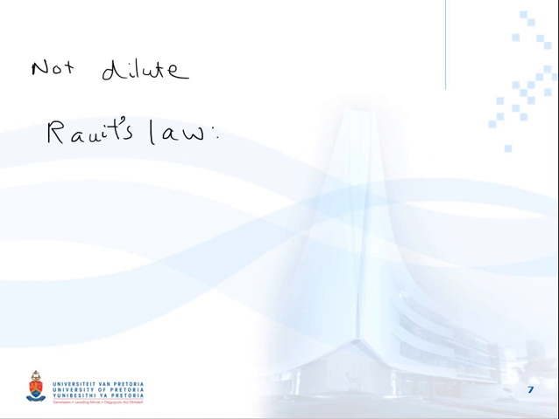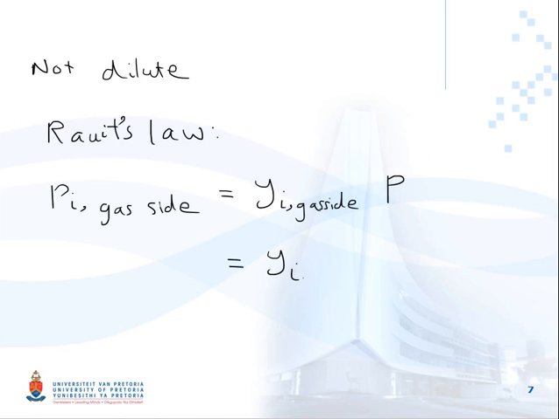Basically it's a correlation, and the correlation is as follows: pi gas side is equal to yi gas side multiplied by total pressure, and this is equal to yi liquid side multiplied by pi sat. What is pi sat? It is the saturation pressure of the species i at the interface.